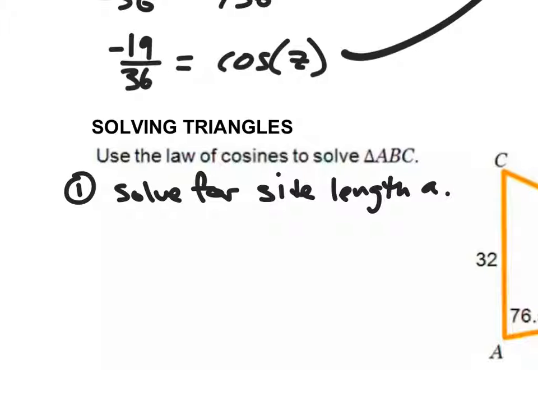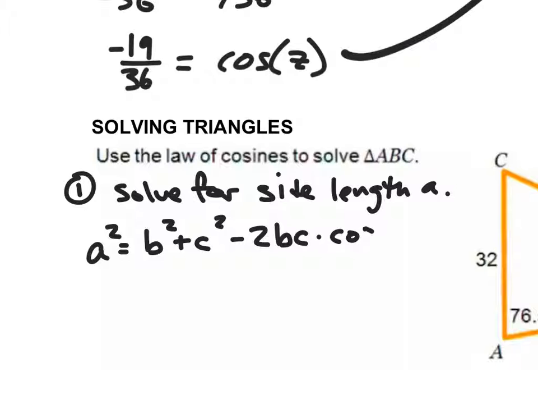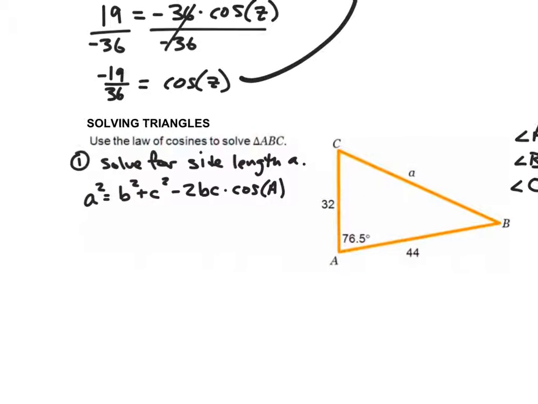Here's what we got. A squared is equal to B squared plus C squared minus 2BC times cosine of angle A. The reason I do this is because I already have side lengths B and C and angle A. That's why I'm solving for this first. Then once we find A, we can use that to find angles B and C, like we did in the top one.